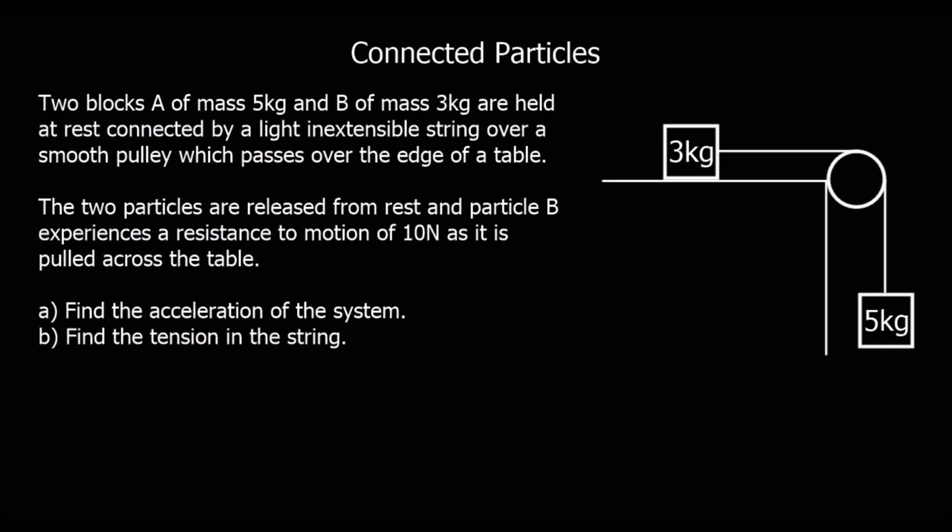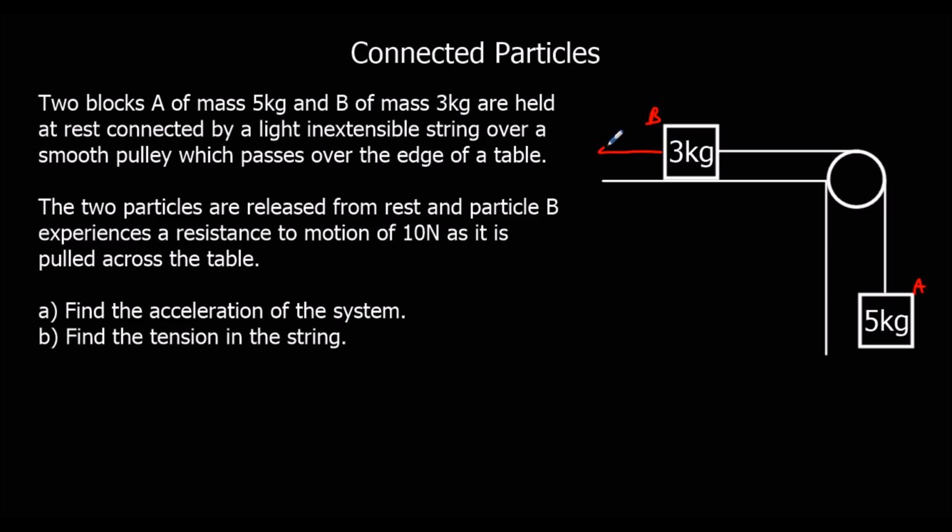Okay, one more question. So we've got 2 blocks again of 5 kilograms and 3 kilograms. This time the pulley is going over the edge of a table, and particle B, which is this one on the table, experiences a resistance to motion of 10 newtons.